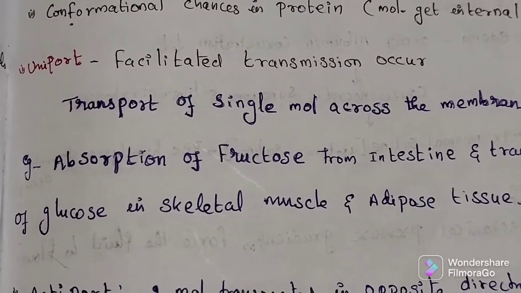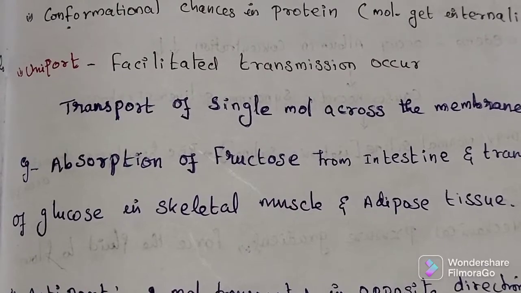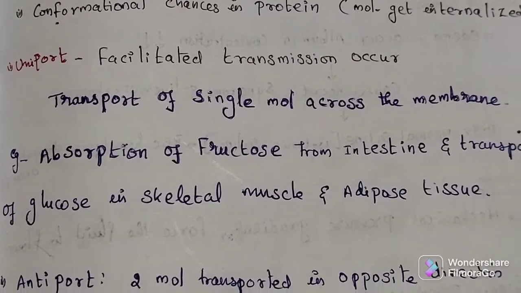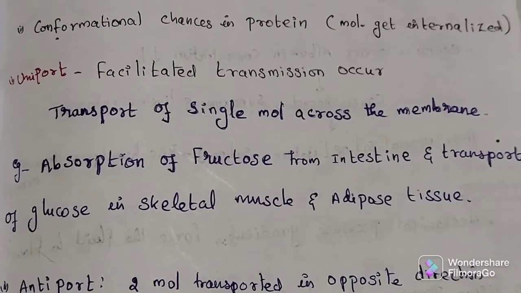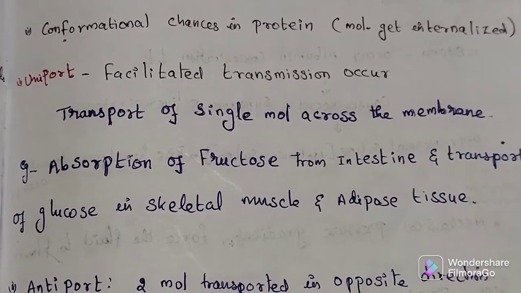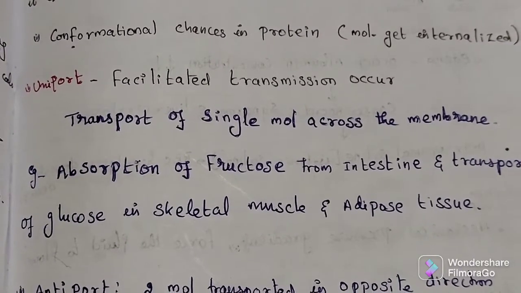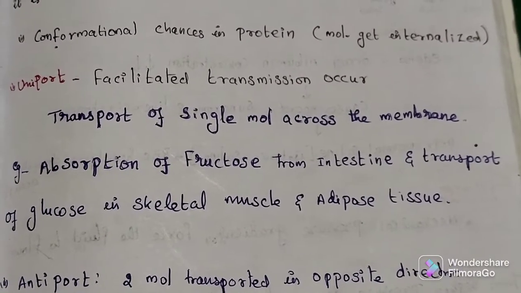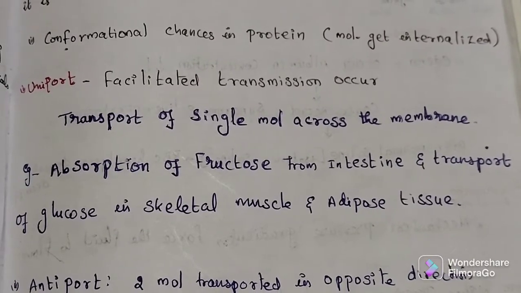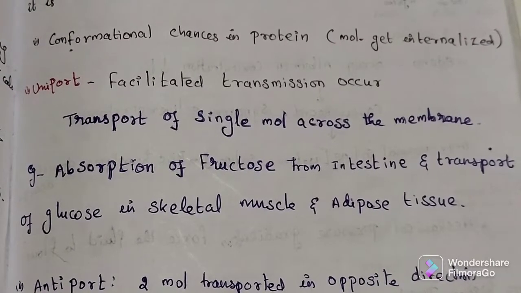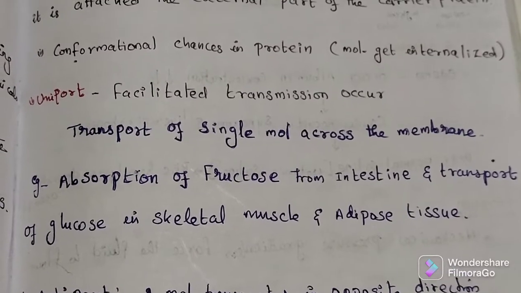Examples of uniport: absorption of fructose from intestine, and insulin mediated transport of glucose in skeletal muscles and adipose tissue.